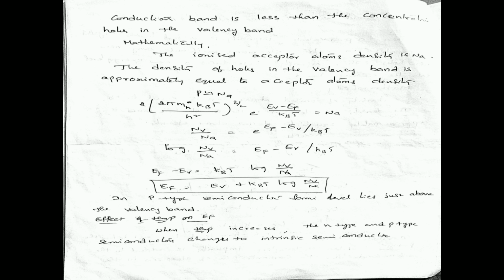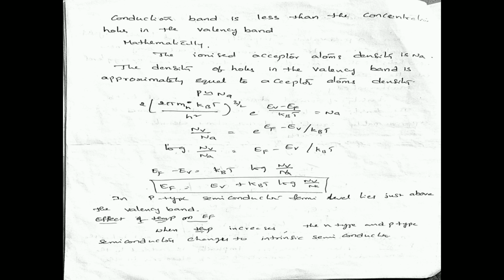So mathematically, the density of ionized acceptor atoms is Na. The density of holes in the valence band is approximately equal to the acceptor atom density. So P is approximately equal to Na. Here P is the concentration of holes, so that is Nv e power (Ev minus Ef) by kBT, that is equal to Na.